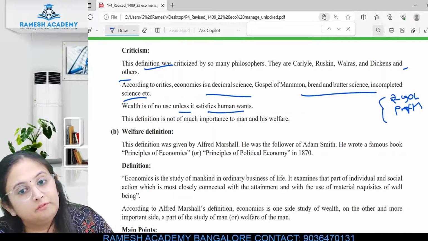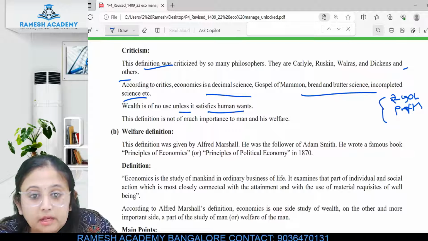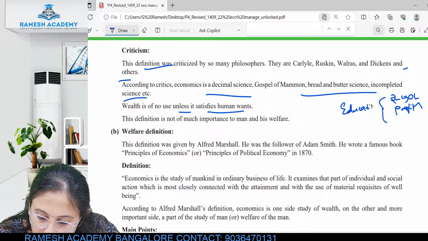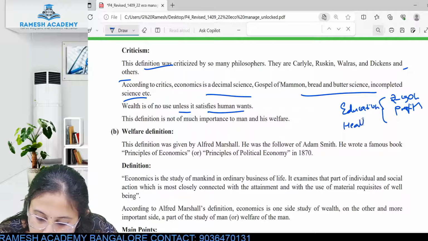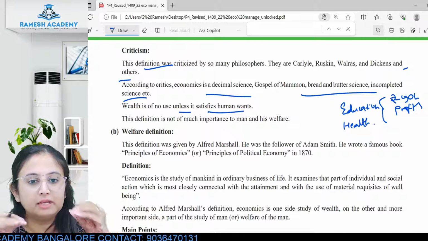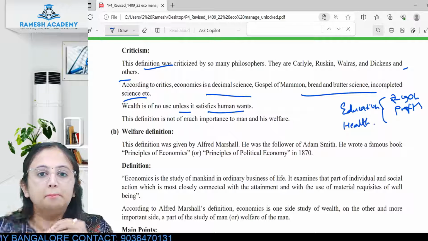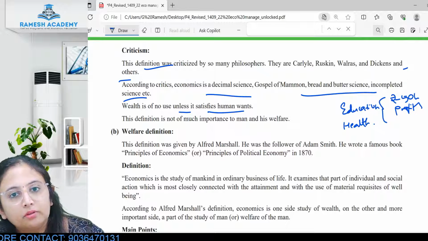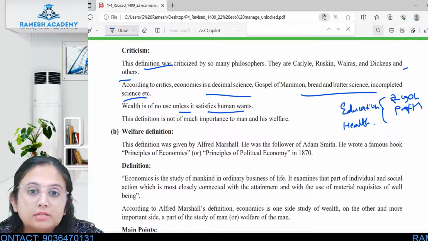But there are people who need education, who need health facilities. If everybody thinks economics means money, and concentrates only on manufacturing luxury cars and selling them to rich people, how are you going to satisfy human wants then?